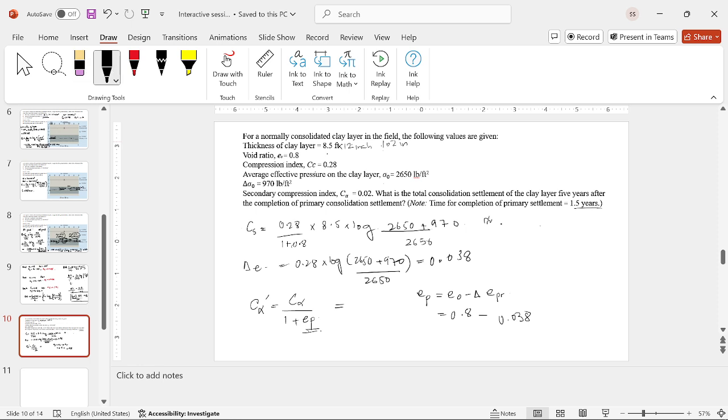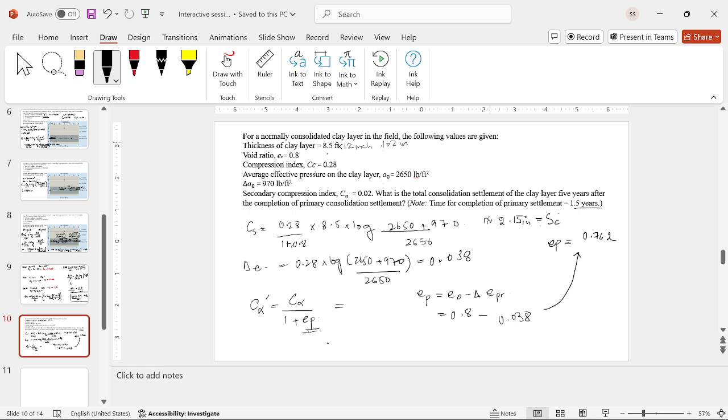I forgot the scale is in feet and inches. Okay, and we got primary consolidation Sc is equivalent to 2.15 inch. We got EP equivalent to 0.762 from here.